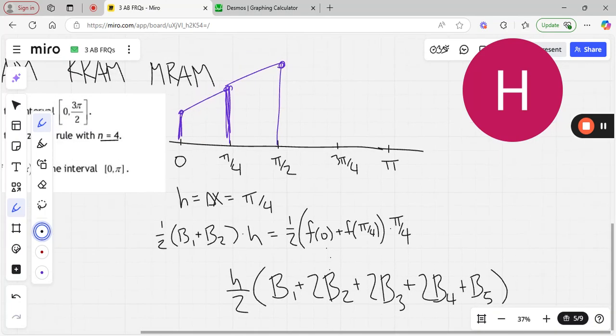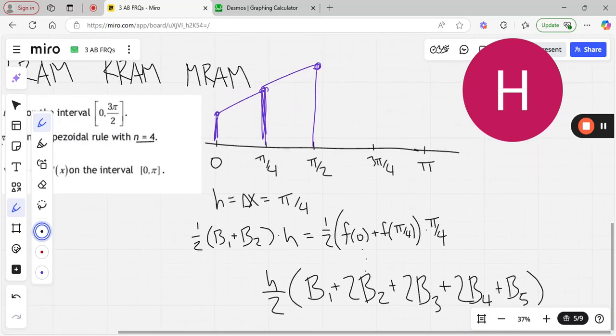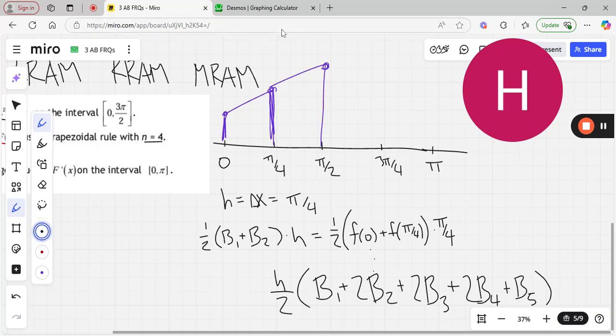Okay, now that being said, this is very easy to do on Desmos. Let's see how it's done.